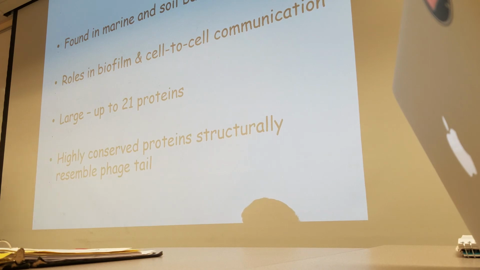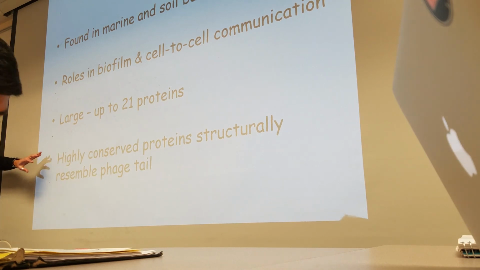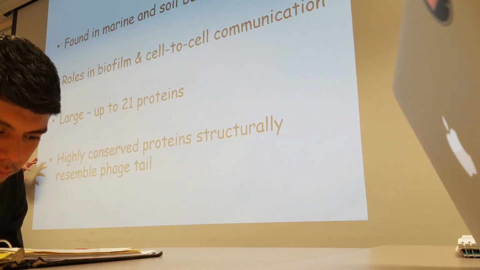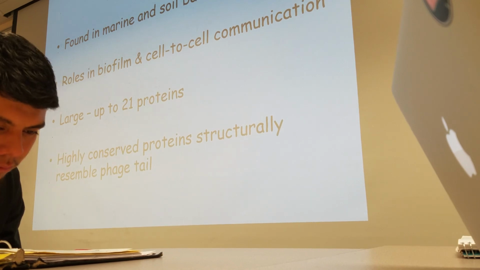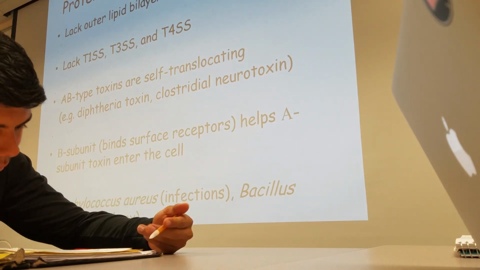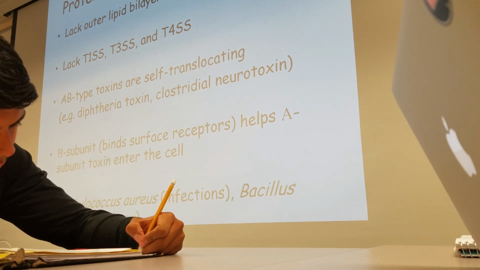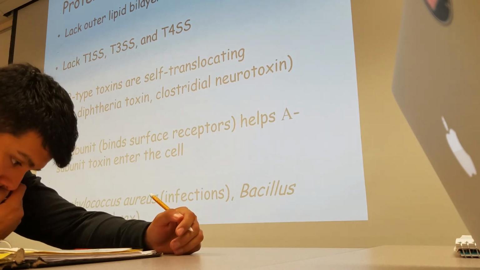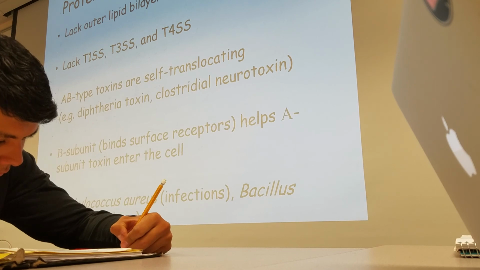So maybe the DNA was from a prophage that got stuck in the chromosome, and the bacterium said, we can still use these genes to make our own secretion pathway. Instead of going in, they're going out. It's kind of crazy. That's the most recent one discovered, and they've actually been finding it in Colorado.